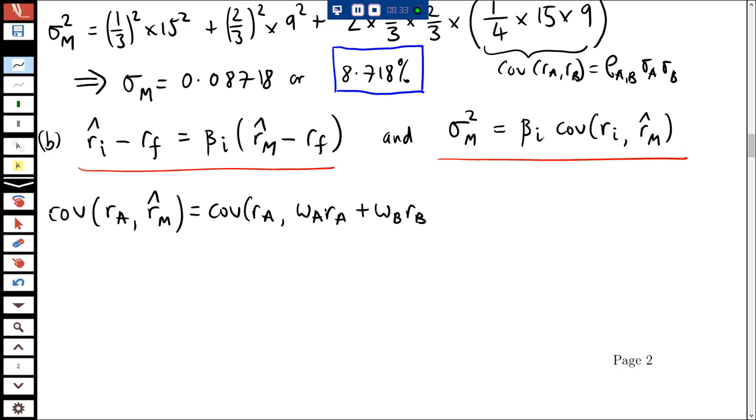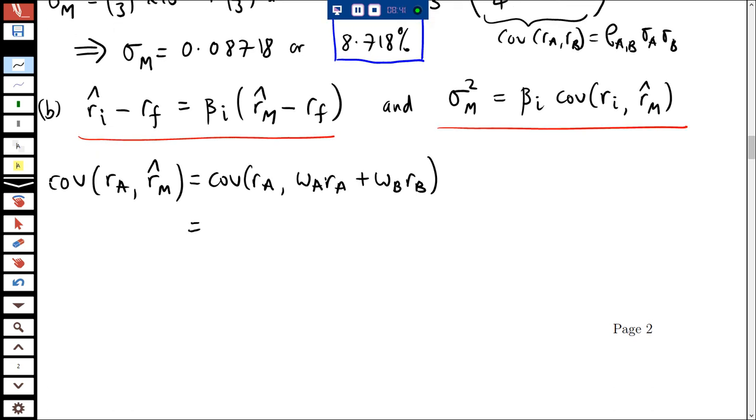And we know that those returns are constants. Okay, so using the linearity of the covariance, we can write this as omega A, the covariance of asset A, plus omega B, the covariance of the return on A and the return on B. So this is just linearity.